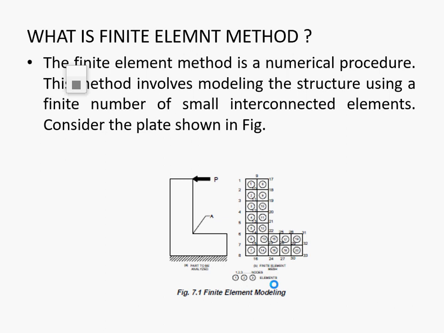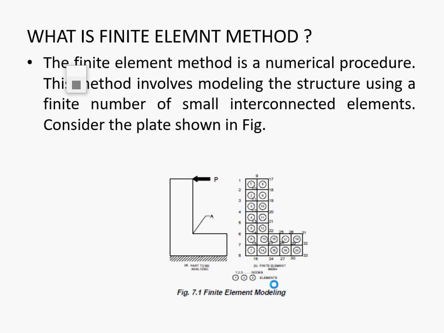If we take this L section as a finite element problem, as I already told, the finite element method is a numerical procedure to solve either structural or unstructural problems. Okay, you have to take this L section. First, this method involves modeling the structure using a finite number of smaller interconnected elements.